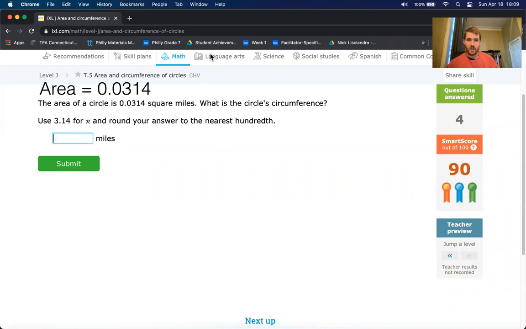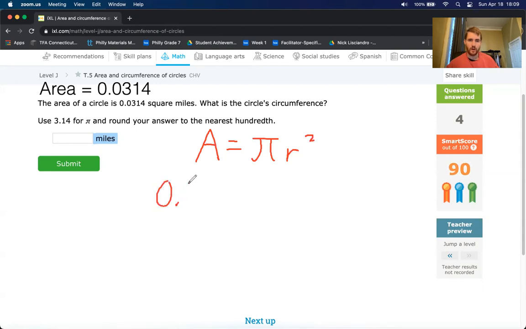So we start, as we always do, writing out the formula. A equals pi r squared. What is A? It is 0.0314.